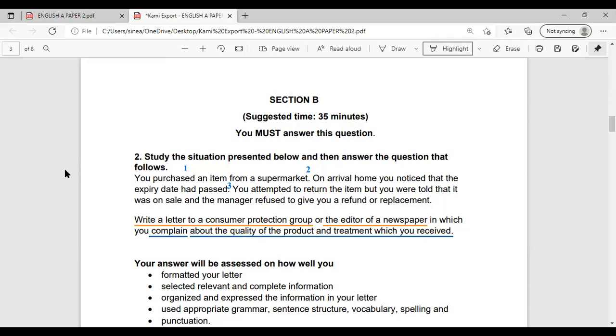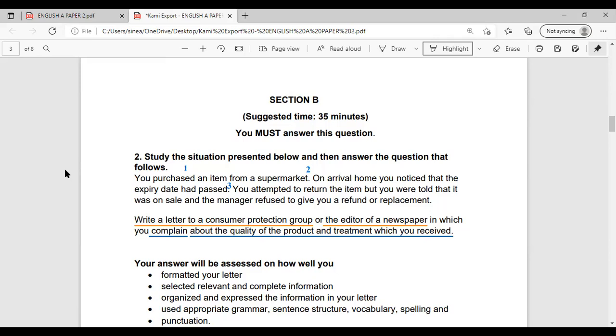They are not asking you to write to the manager or somebody higher than the manager, the owner of the supermarket. They are asking you to address your complaint to a consumer protection group or the editor of a newspaper. So you have an option as to who you are going to write to.